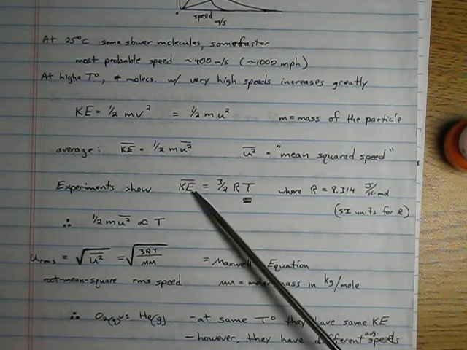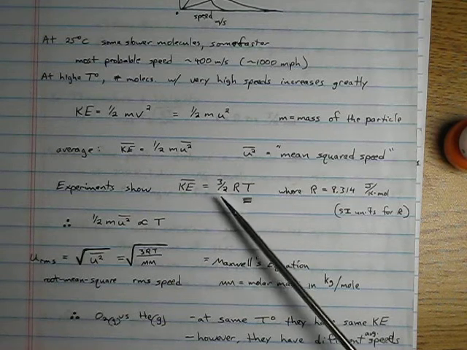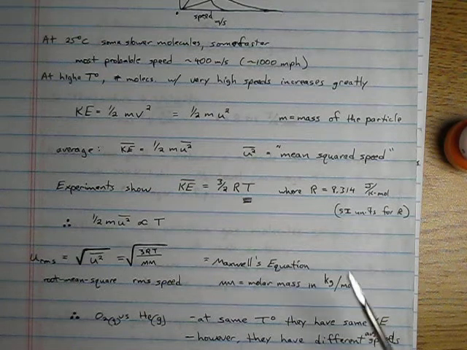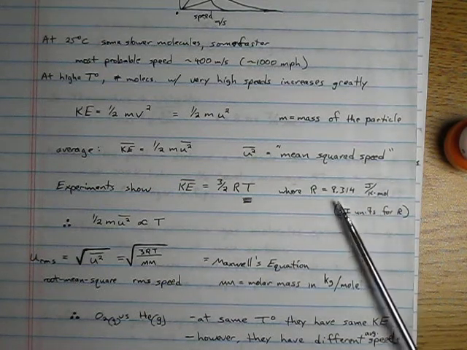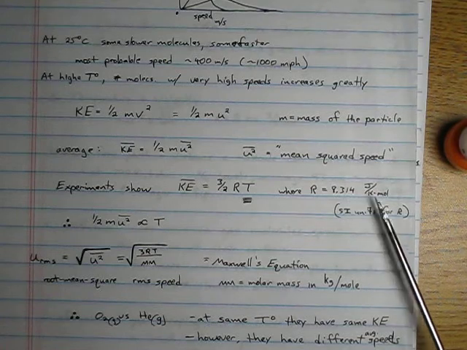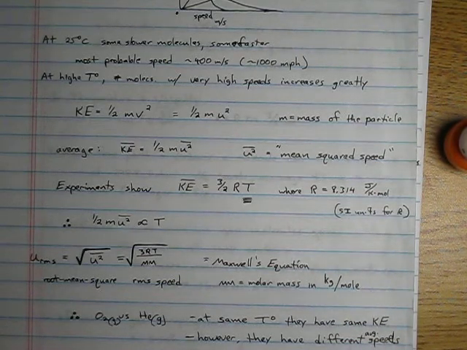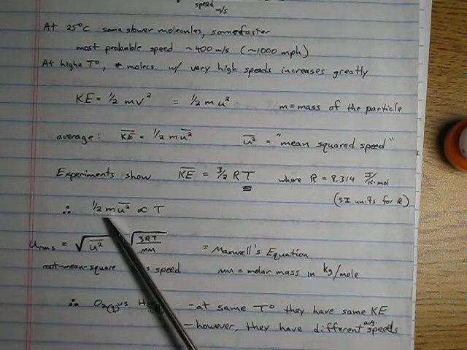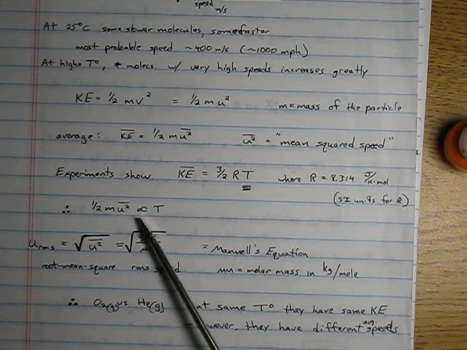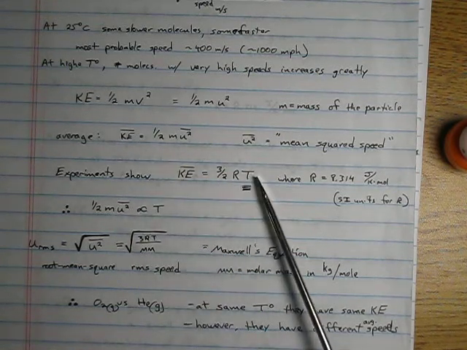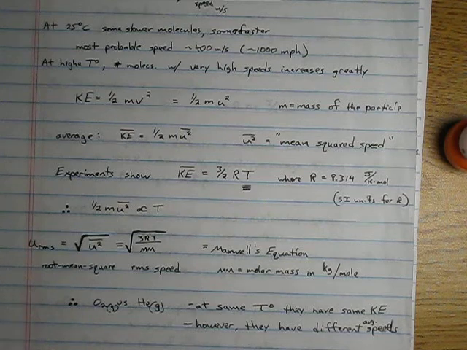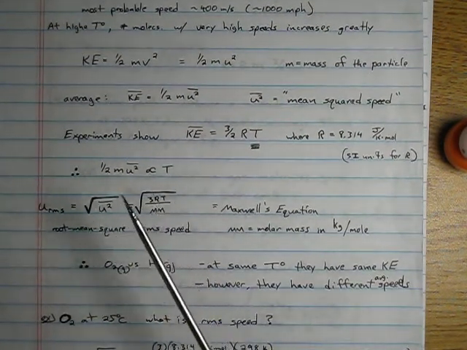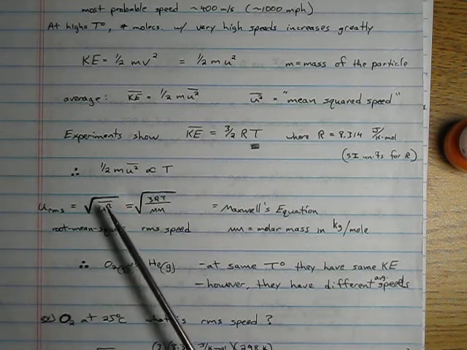Experiments show that the average kinetic energy is equal to 3/2 RT. Note R is our constant, 8.314 joules per Kelvin mole, these SI units. Which means 1/2 mass times the mean squared speed is proportional to temperature. That's how we can relate these two. But who wants to know the square of the speed?